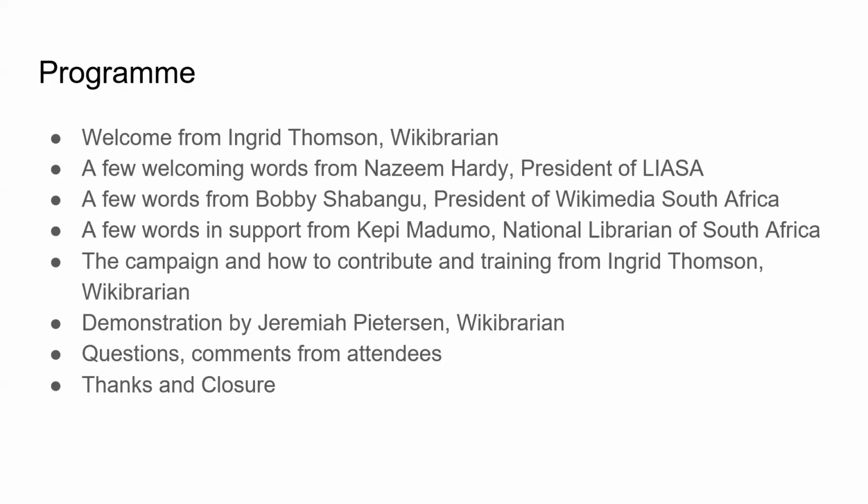And then our national librarian, Kepi Madumo, is going to say a few words, and then I will just talk a little bit about the campaign and how to contribute, and talk a little bit about the training, which is going to then be followed by a demonstration by Jeremiah, of a tool that maybe not many of you know about, but it is something that can be used in this campaign.